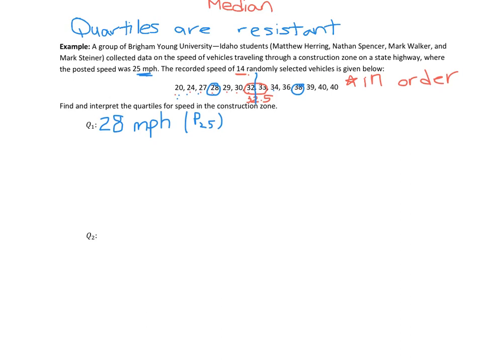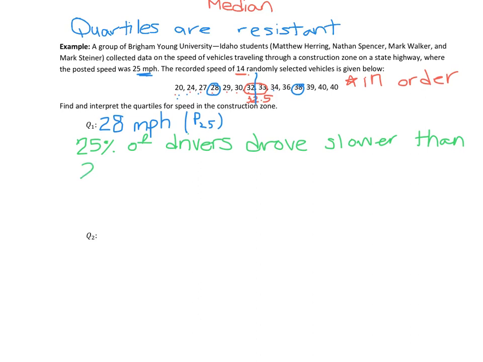So we can write just that, 25% of drivers drove, we'll say drove slower than 28 miles per hour.